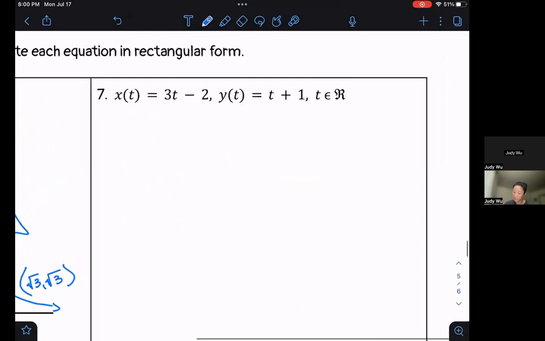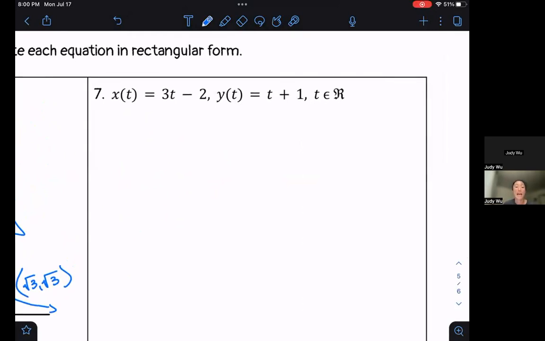Let's move on. Let's take a look at x of t equals 3t minus 2 and y of t equals t plus 1. I might remember from video 2 that because the t's have the same power, they both have power 1, what we have is going to end up being a linear equation. We can do this a number of ways.